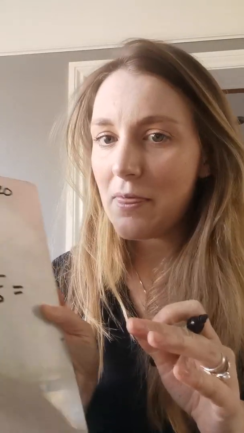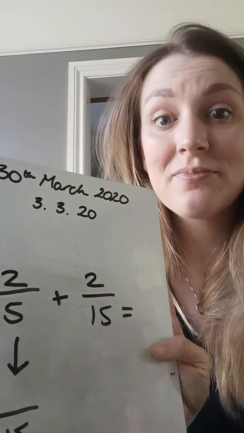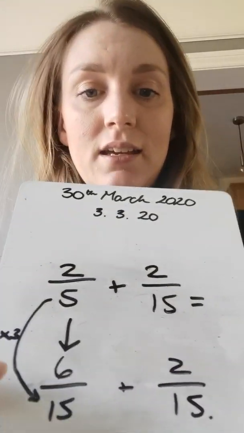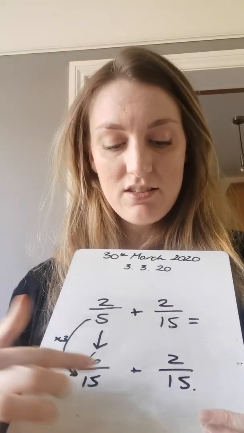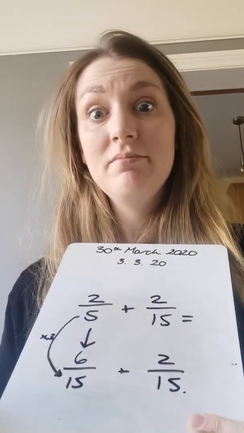And if I've multiplied the bottom by 3, I've got to multiply the top by 3. So 2 times 3, that's 6. And I'm in a really great position again, because now my number sentence reads like this: 6 15ths and 2 15ths. 8 15ths. Well done, you're doing a really great job.